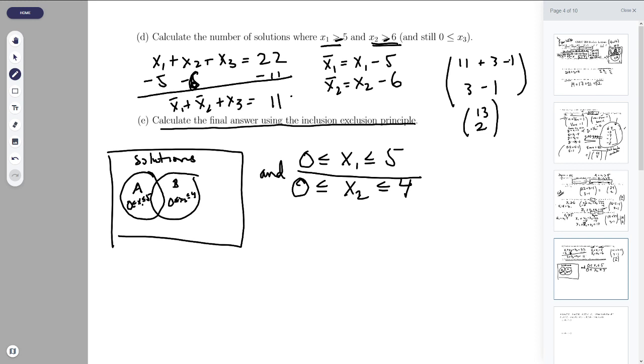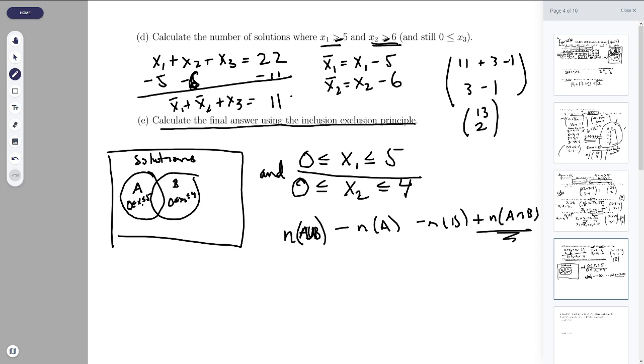and what we know is that if we add up the number of things in the universe and then we subtract off the number of things in A, subtract off the number of things in B, and then add on the number of things in A union B minus this, plus the number of things in the intersection.